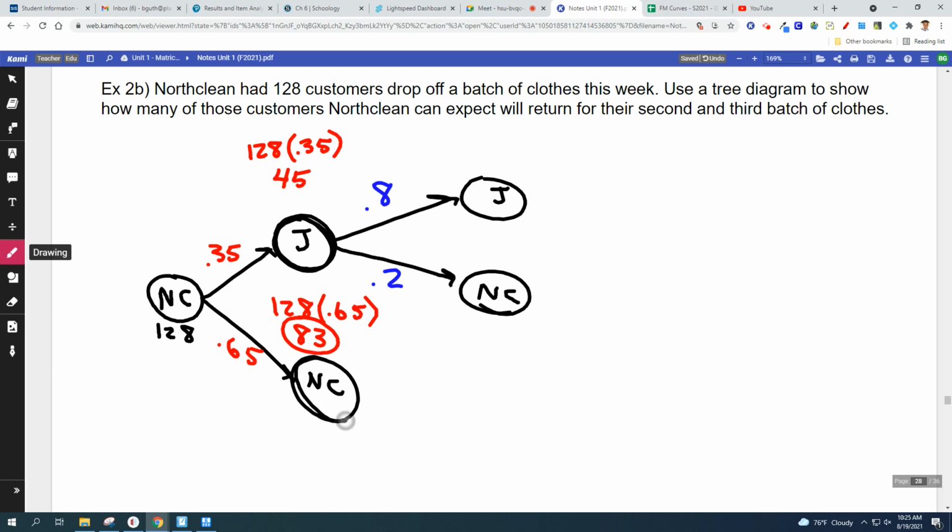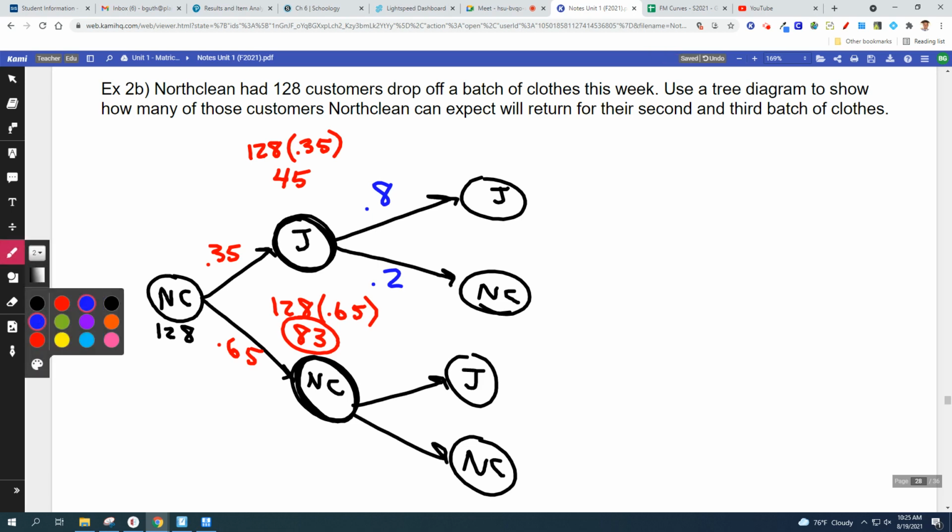But if you were down here at North Clean for your second batch, you have these two options. Either you go to Johnson for your third, or you go to North Clean for your third. And again, North Clean to Johnson was 0.35, and North Clean to North Clean was 0.65.